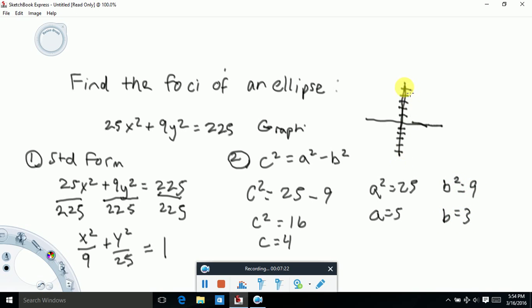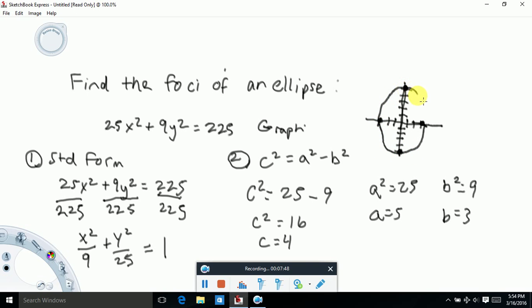It's oriented vertical, so we need to go up 5 units to the first vertex, and then down 5 units to the other vertex. The co-vertex is 3 units on either side. Remember again, the co-vertexes are the endpoints of the minor axis. So we can draw our graph.